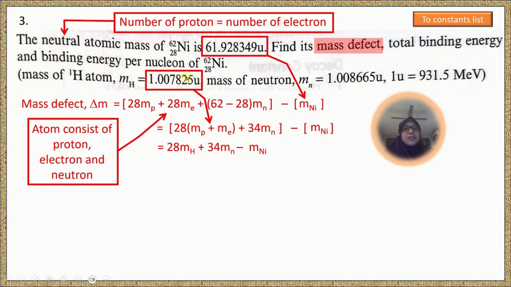So we use 1.007825 U, multiplied by 28. So 28 times the mass of hydrogen plus 34 times the mass of neutron minus the mass of nickel.